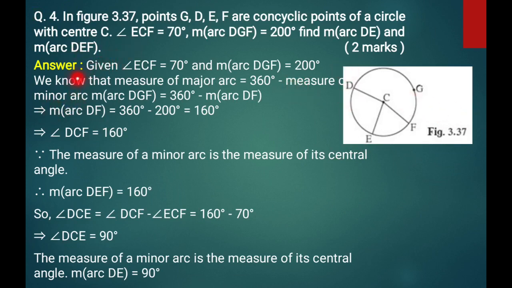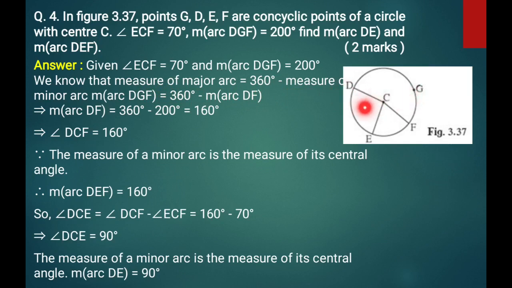So see here, given part, given angle ECF equals to 70 degrees. This angle ECF equals to 70 degrees and measure of arc DGF. This measure of arc DGF equals to 200 degrees. We know that measure of minor arc equals to 360 degrees minus measure of major arc.